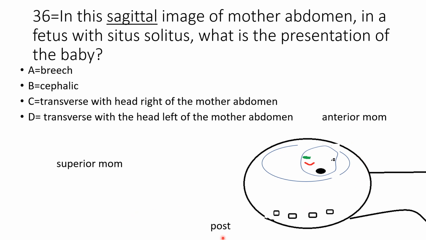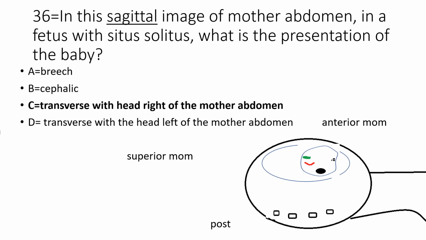Anterior mom, superior, posterior. Excellent. How do you know that? The head of the baby is at the right side of the mom. See here, what is the position of the stomach, and the baby is situs solitus? 3 o'clock. If the stomach is at 3 o'clock, it is on the right side, like vertex or cephalic.